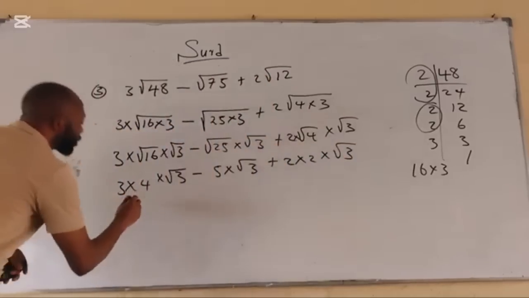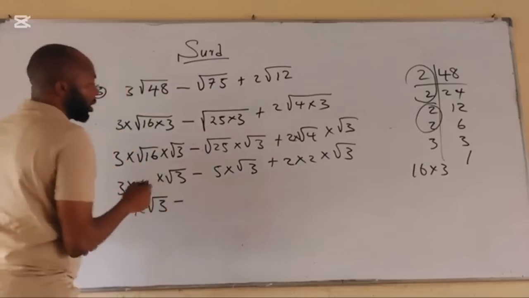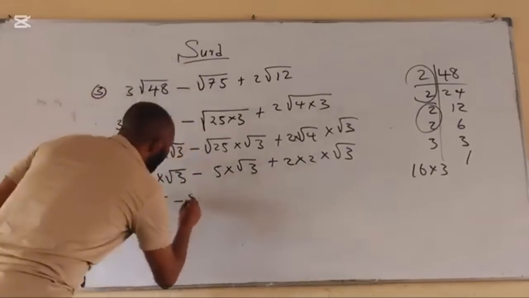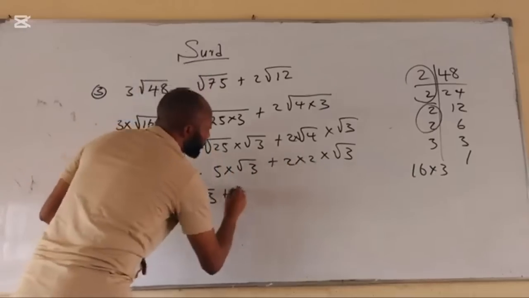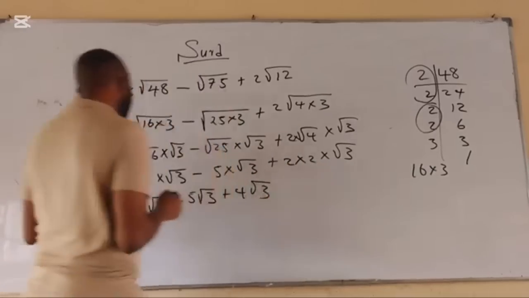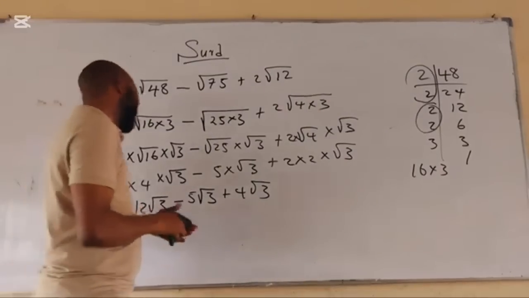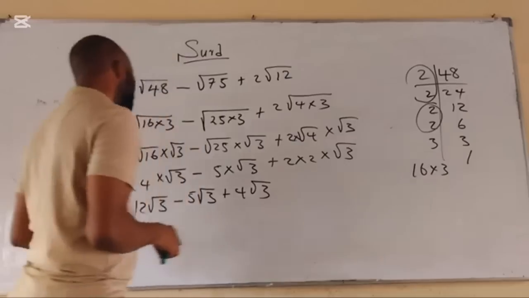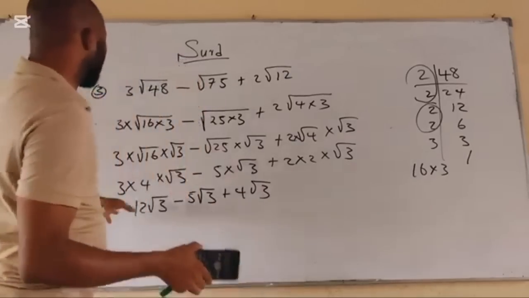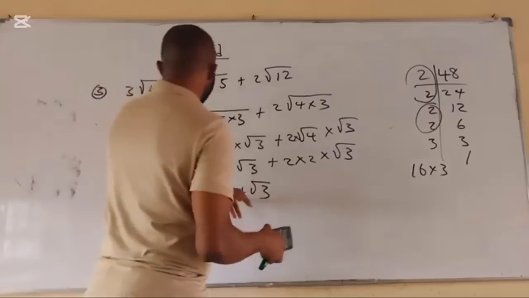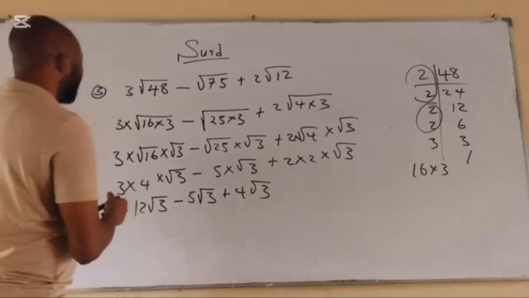3 times 4 is 12. 12 root 3 minus 5 root 3 plus 4 root 3. Now, 12 apples minus 5 apples plus 4 apples is what? 12 plus 4 is 16. 16 minus 5 will give us 11.